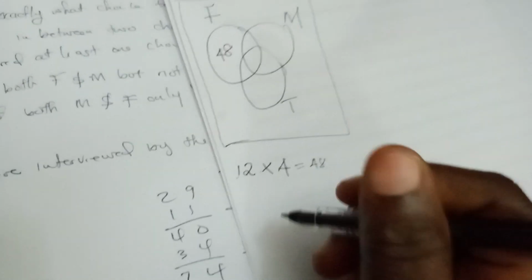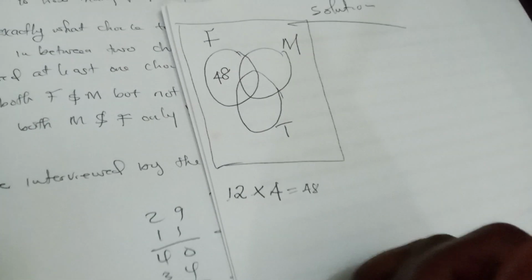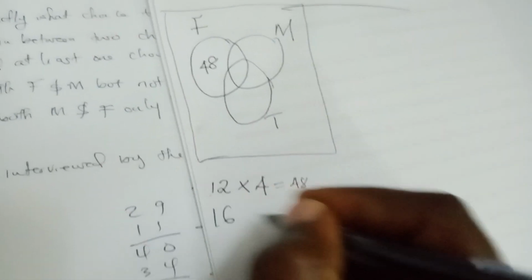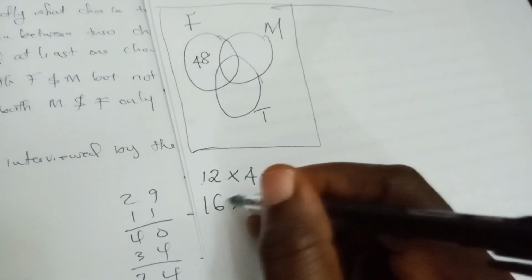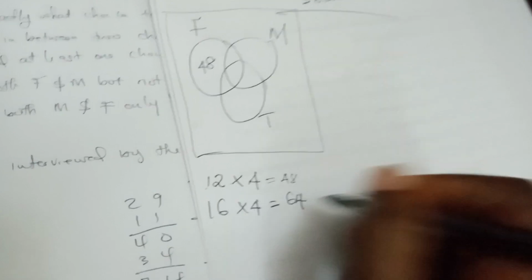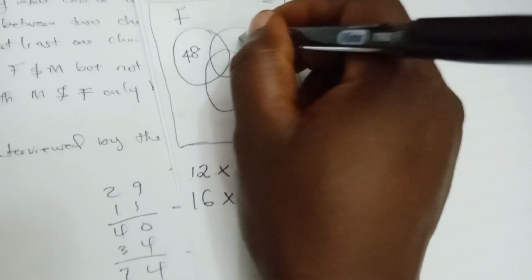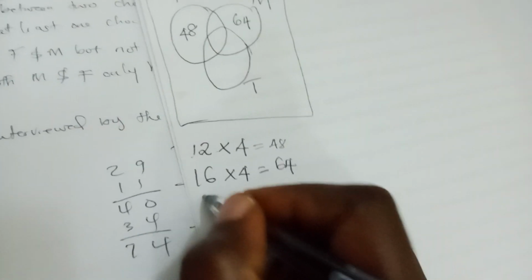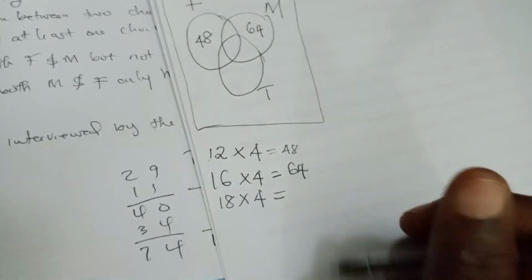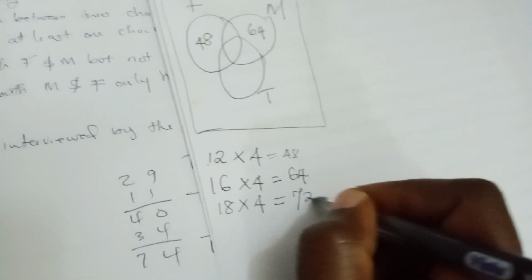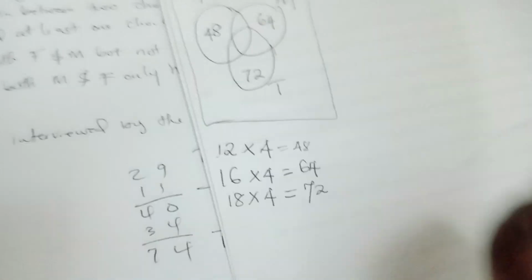And then we are told 16 people by 4 wanted money, and if you multiply this it gives you 64. Please, you can make use of your calculator. 18 times 4 wanted transportation scheme, and that gives us 72.